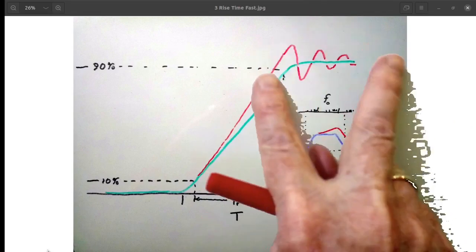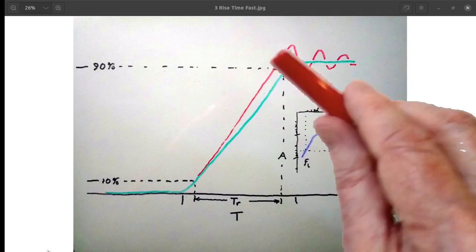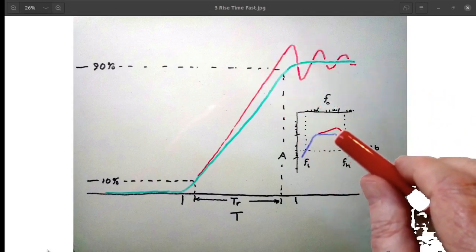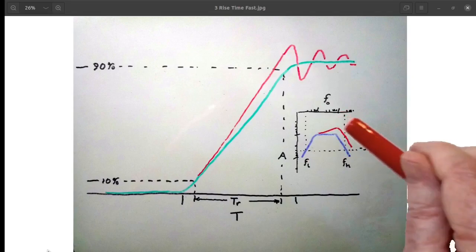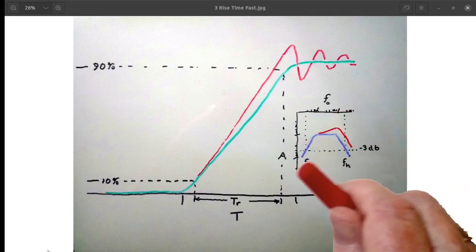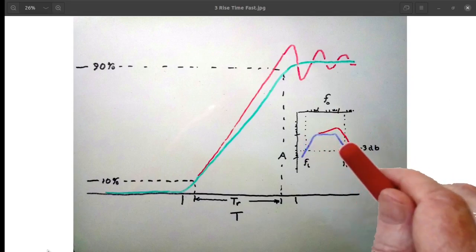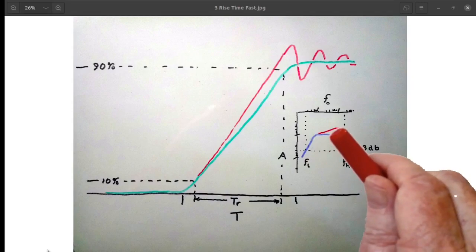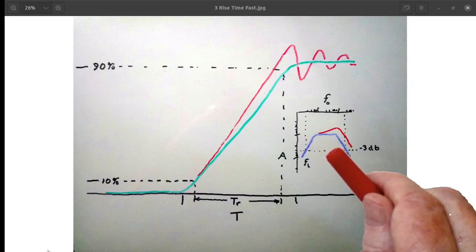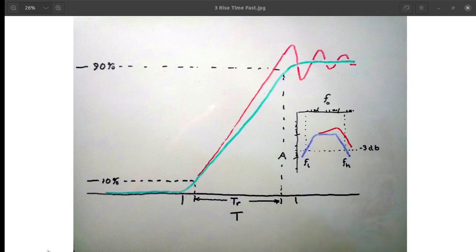And this is called ringing. So we can see 3 cycles of the ringing. Those frequencies are very related to this response here, this peak at the F high. And again, we're going to be shifting the bandwidth by this. It's no longer flat across the top, so we've got a complex geometry that shifts the minus 3 dB point down, not as low as this, but something higher, and it results in a wider bandwidth yet again.